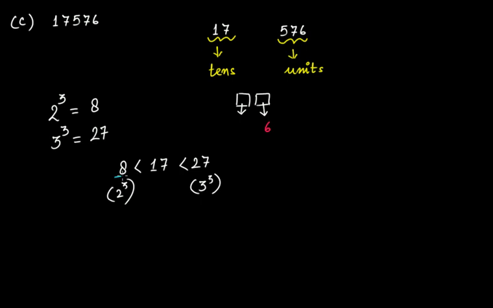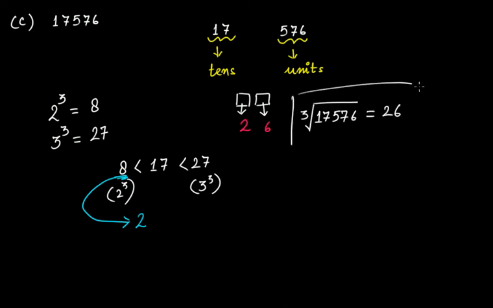You will choose this one. So what's the cube root of 8? 2. So at the tens place you will get 2. It means that the cube root of 17,576 is 26. This is the answer. You can cross check it.